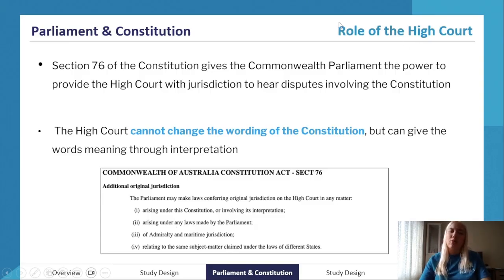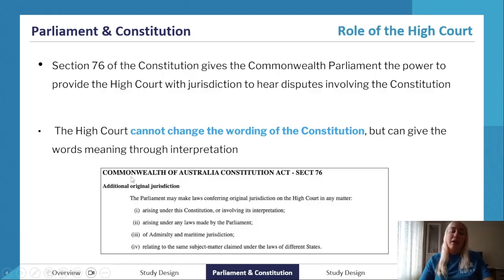This means that the High Court isn't like every other court that has that role in statutory interpretation, where we just interpret acts or statutes, so statutory law, to decide what was meant by that legislation to help decide disputes. But the High Court has additional roles, and when it comes to interpretation, not of statutes, but actually the Constitution to help resolve disputes.